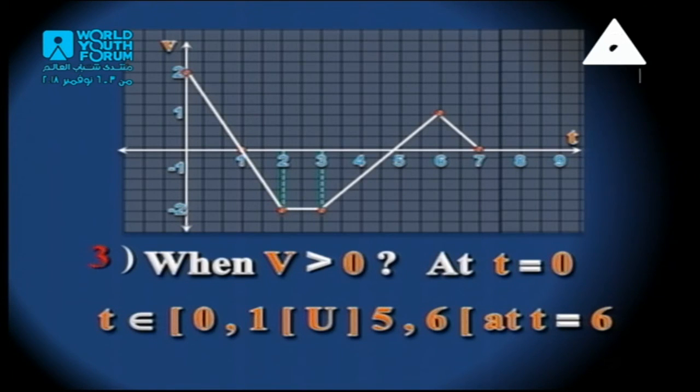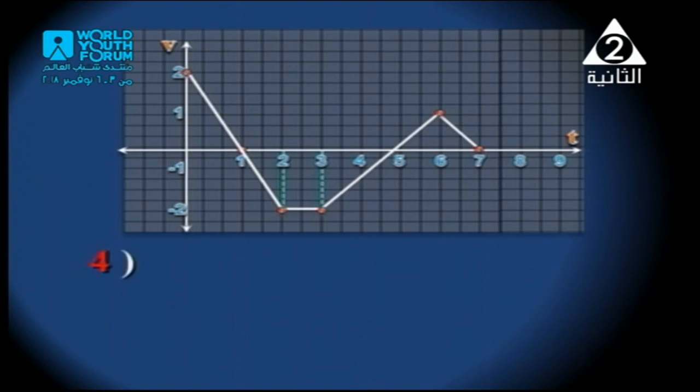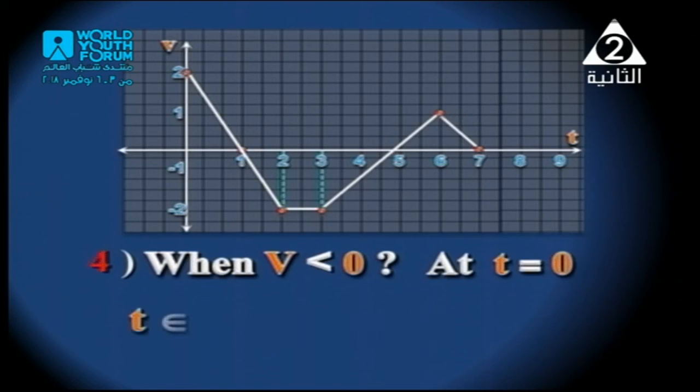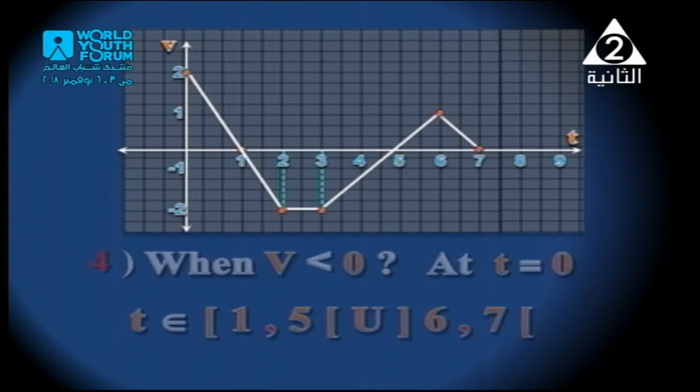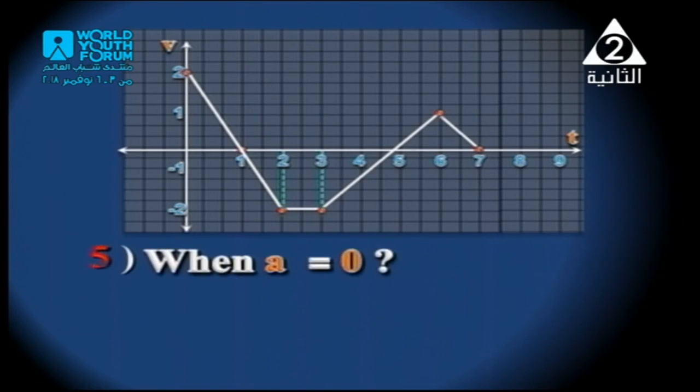Look at from 0 to 1, the velocity is an upward straight line in t. And from 5 to 6, and t equals 6. When V is smaller than 0, the time is from 1 to 5, half-open interval, union 6, 7, open interval. When A equals 0, t belongs to the open interval 2, 3.